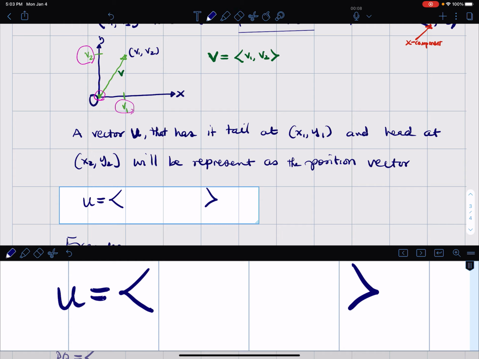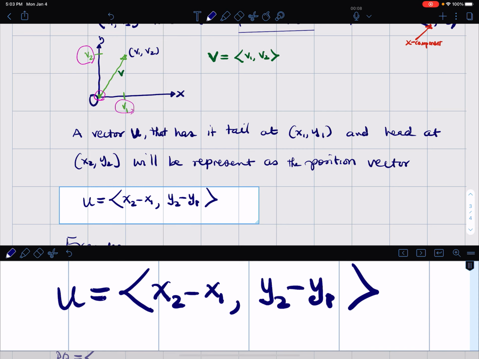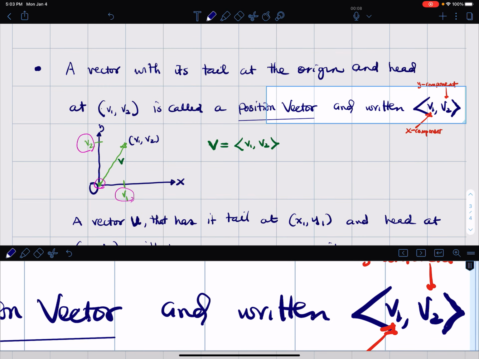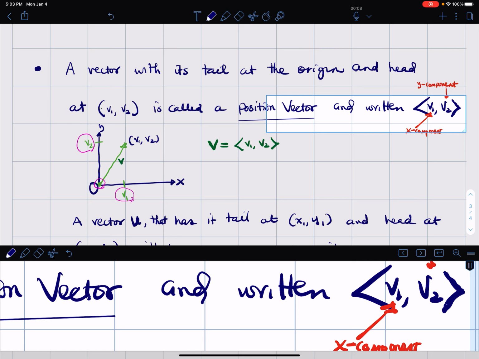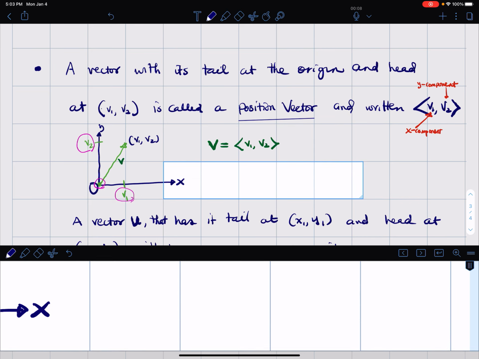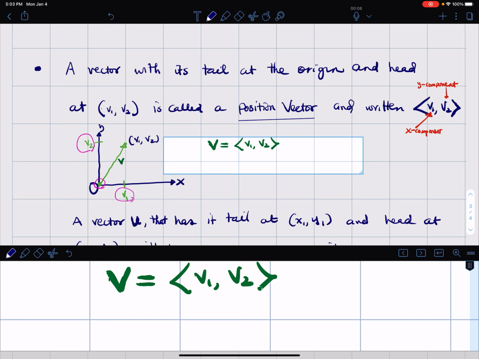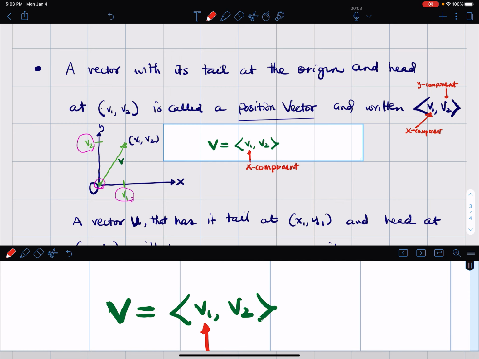The subtraction will be x2 minus x1 will give you the x component of the vector, and then y2 minus y1 will give you the y component. So v1 here is called the x component, and v2 is called the y component. Let me write it again. This is the x component of our vector, and this is the y component.